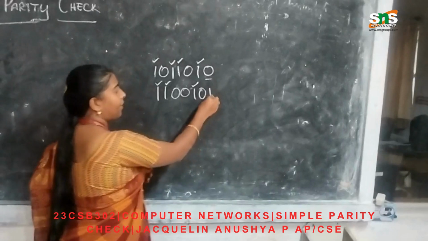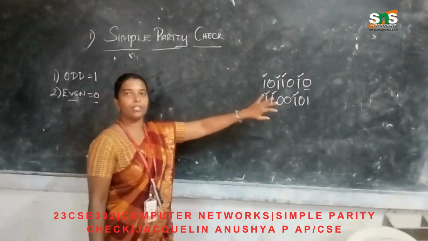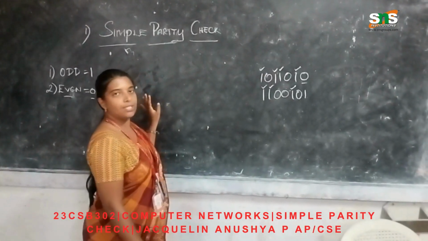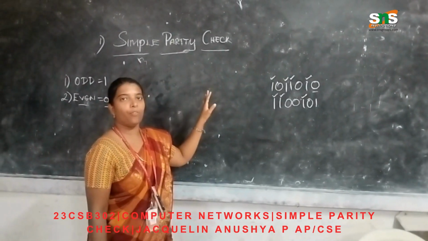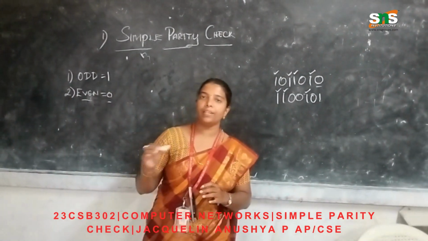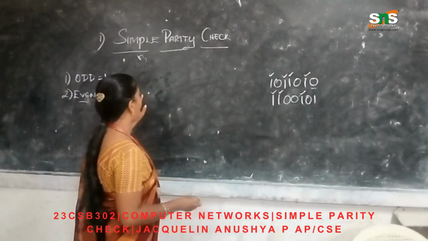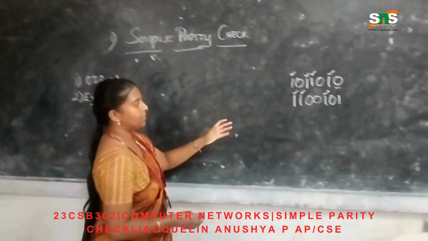So you will have 1 over here. In this simple parity check, these are the two basic conditions that the data must satisfy. It may be any number of binary digits.